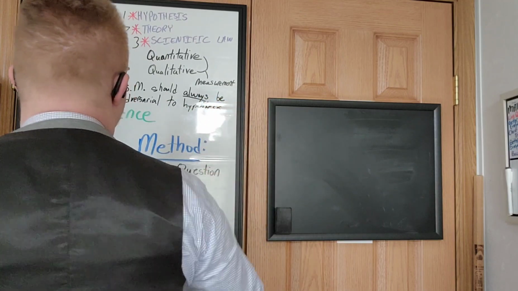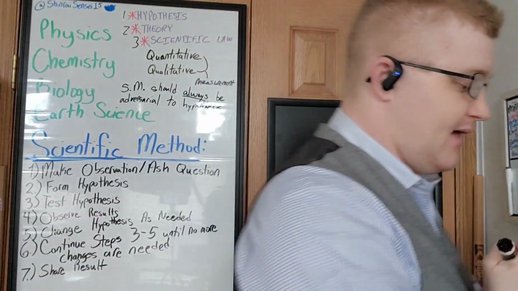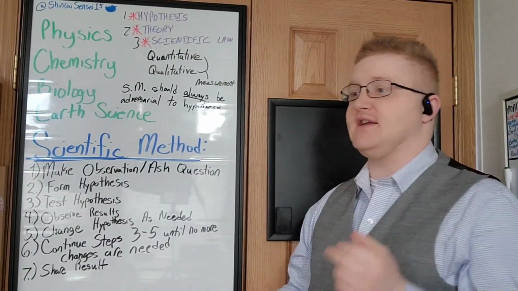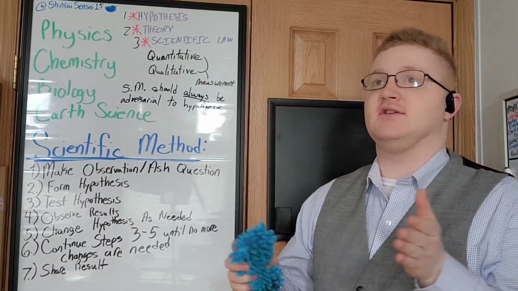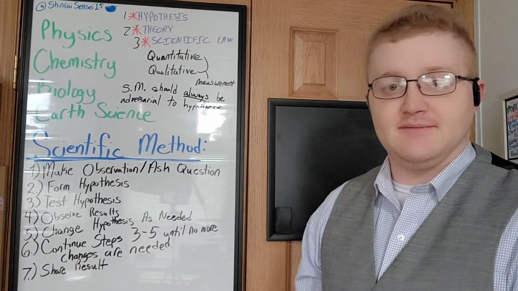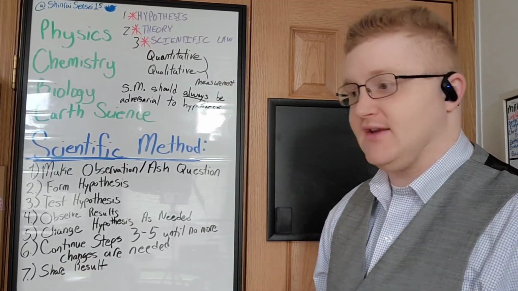Always test your hypothesis to attempt to fail. Because if you're testing it to prove it, if you're testing it to succeed and prove yourself right, you're not testing it. You're seeking validation.